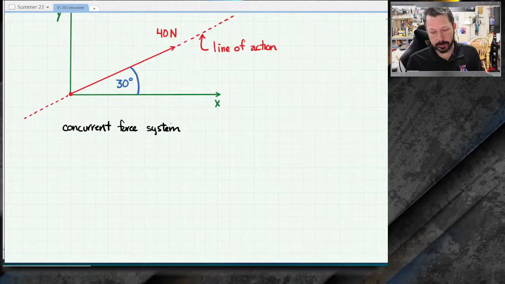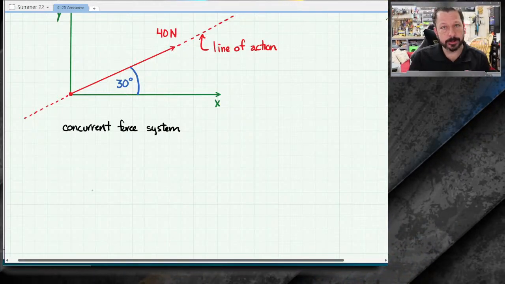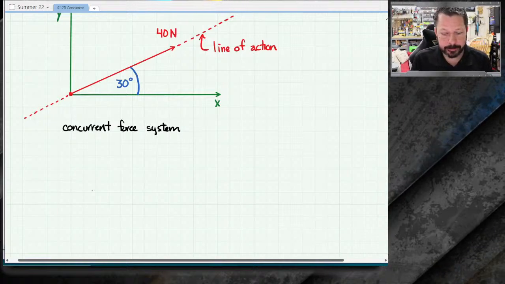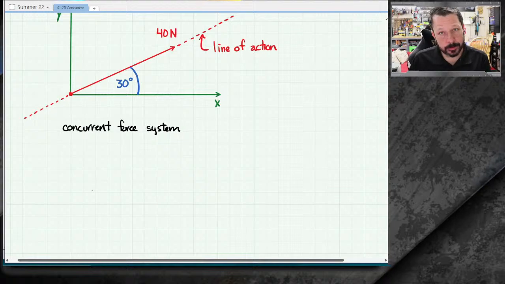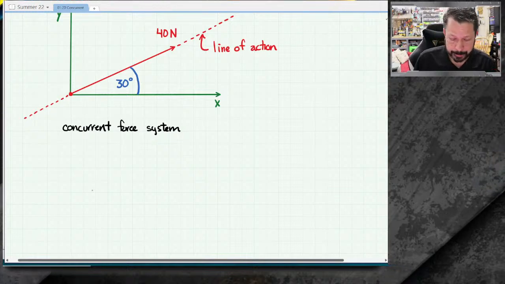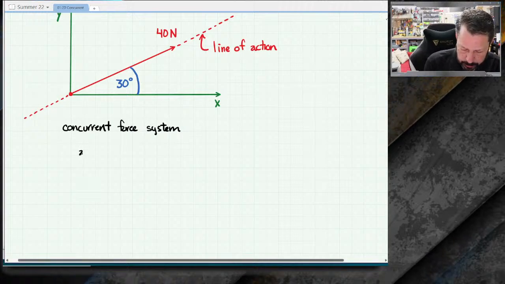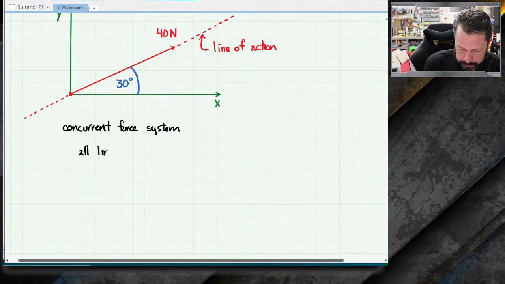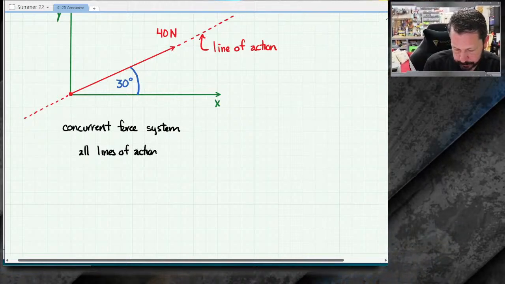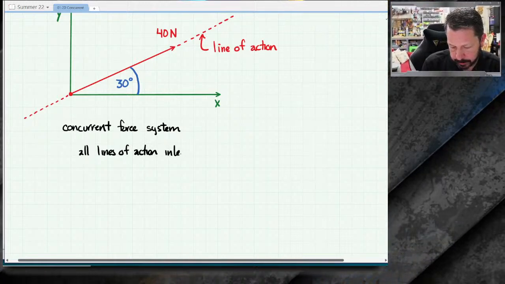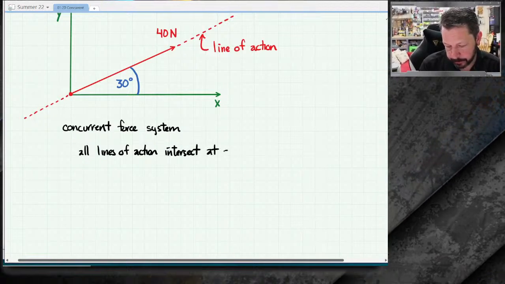So what concurrent force system means is that all these lines of action, no matter how many forces I have, I need more than one for it to be a system. So I need 2 forces or more, and they all have one thing in common: all lines of action intersect at a common point.